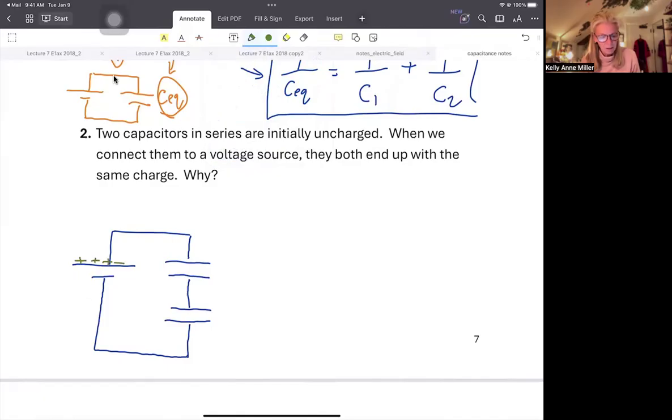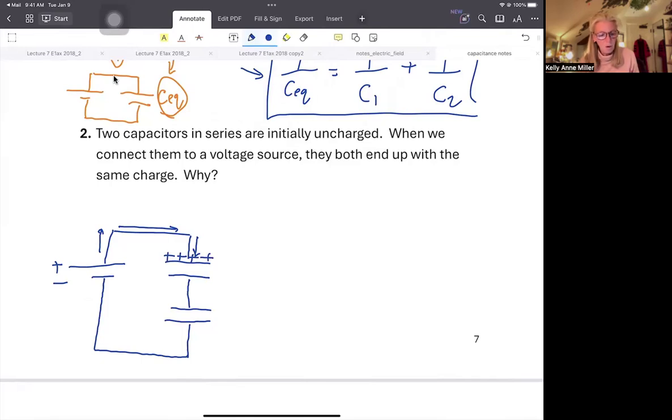Sorry, I didn't mean to make that look like a capacitor. It's a battery. So this is the positive terminal of the battery. This is the negative terminal of the battery. So positive charge flows through this wire and accumulates on this plate.